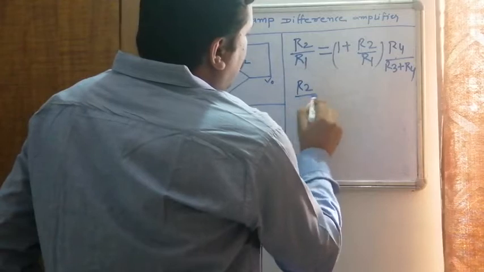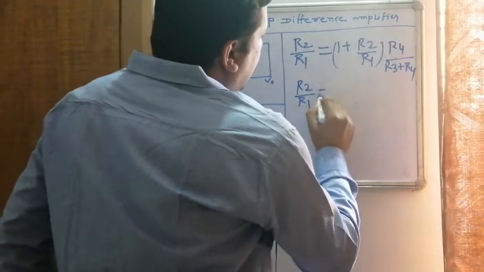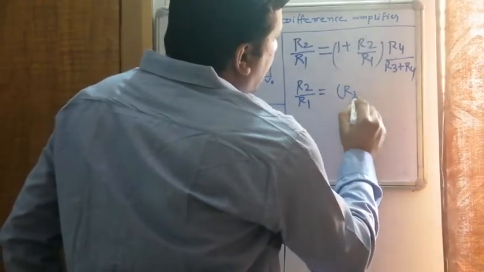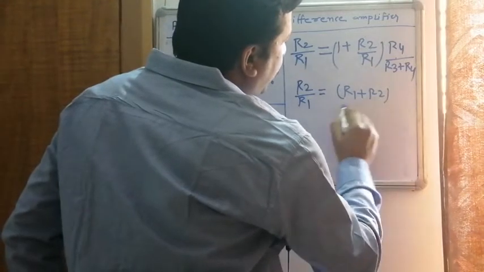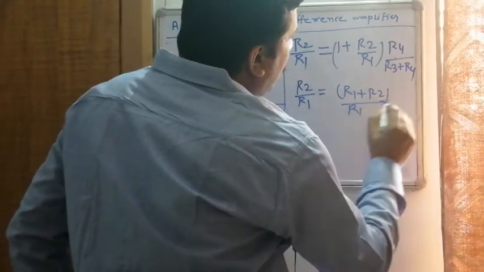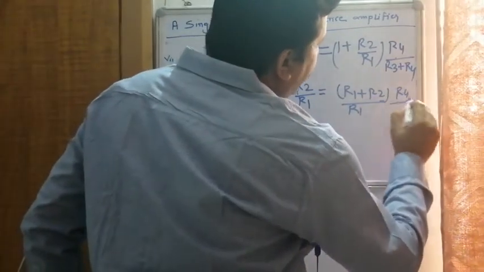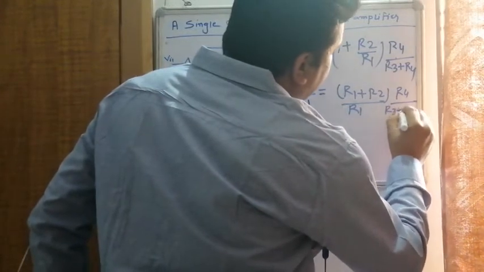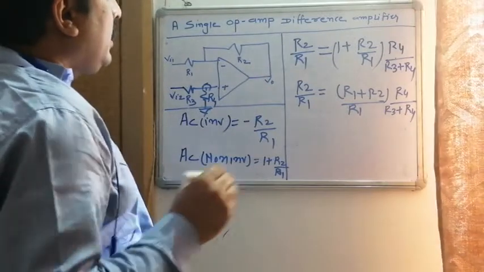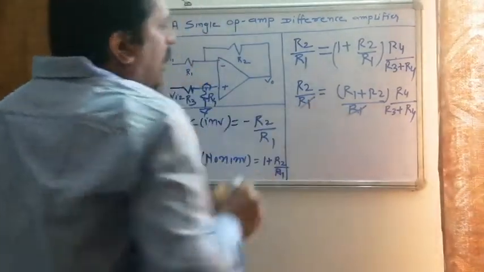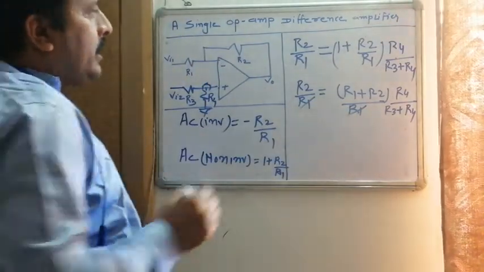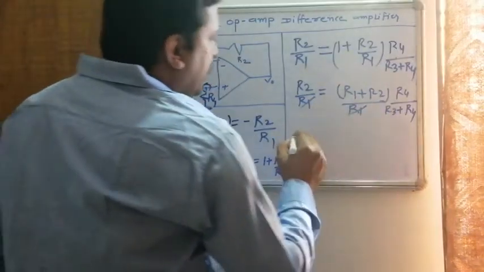This is R2 by R1. It is equal to R1 plus R2 by R1, times R4 over R3 plus R4. So R1 will be cancelled out, and we can rearrange this equation.